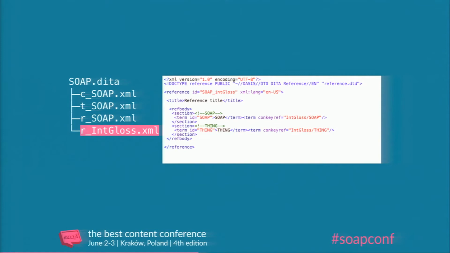You add a topic to your map. It could be a non-specialized topic, but when we did it, we just put a reference topic into it. And it carries terms. And there's some weird stuff in there. You can see there's a comment, there's the actual term, and then there's a conkeyref. Why? Well, we know that some writers are not confident enough to work in text view.